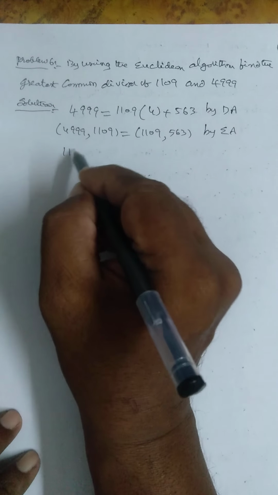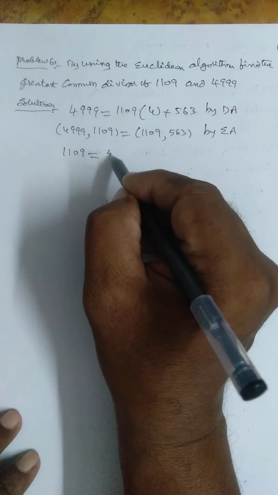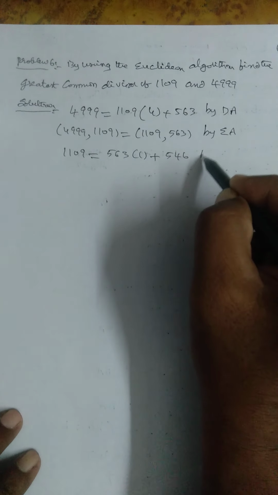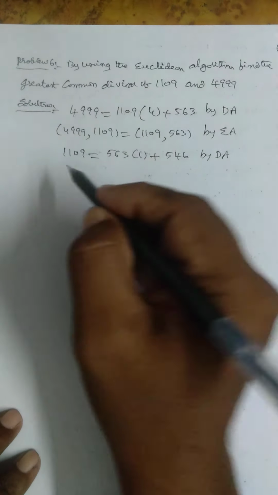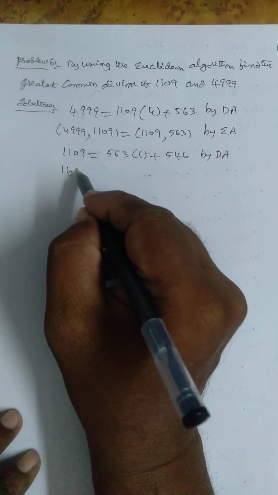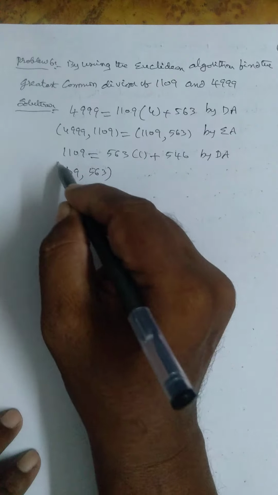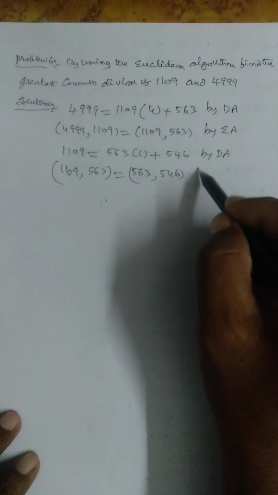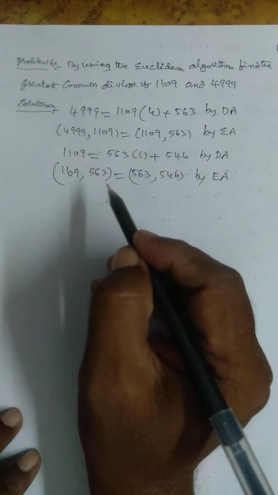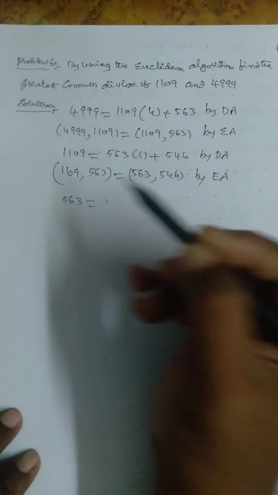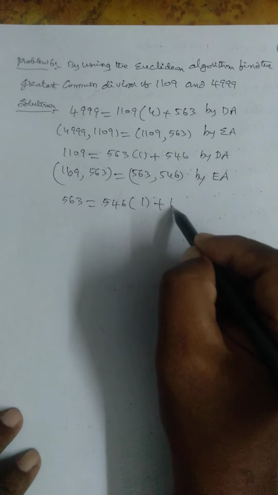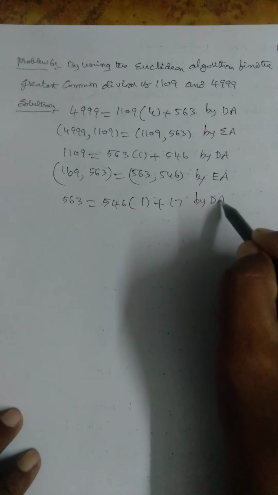Now you write 1109 is equal to 563 into 1 plus remainder 546 by division algorithm.